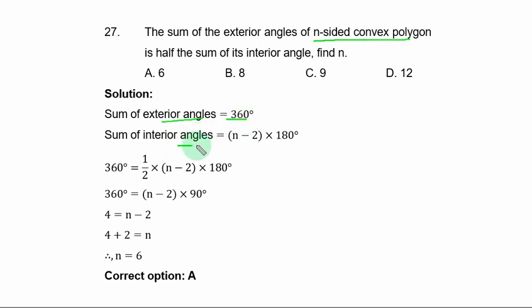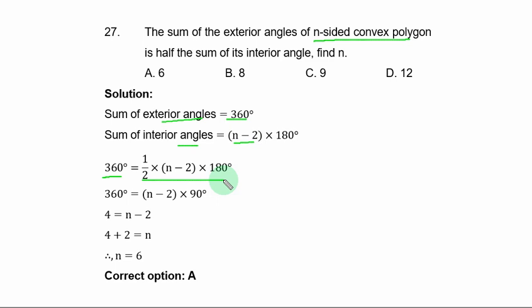Sum of interior angles is (n minus 2) times 180 degrees. From the question, the sum of the exterior angles is equal to half, that is 1/2, times the sum of interior angles. You have it in this form.